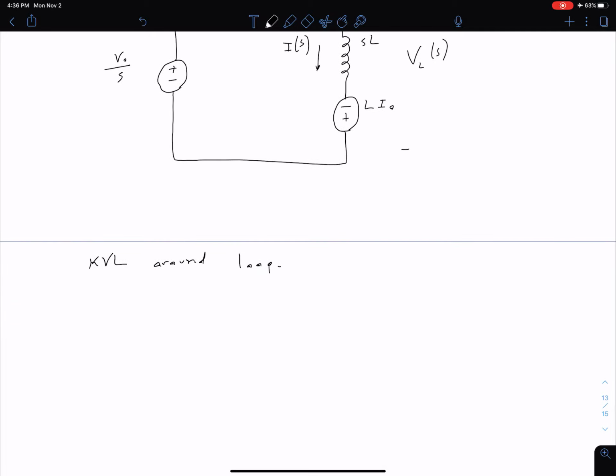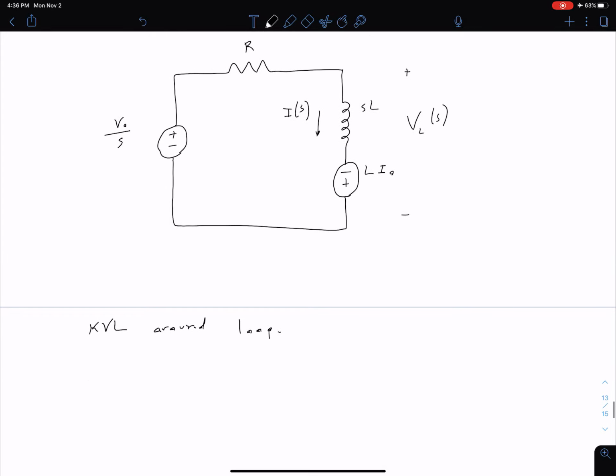What we have then is negative V0 over S plus R times I of S plus SL times I of S minus Li0. We're back where we started, so we set that equal to 0.